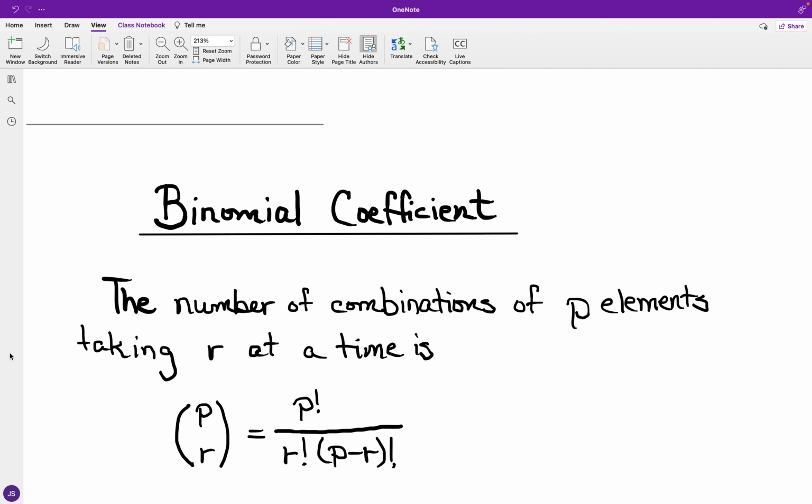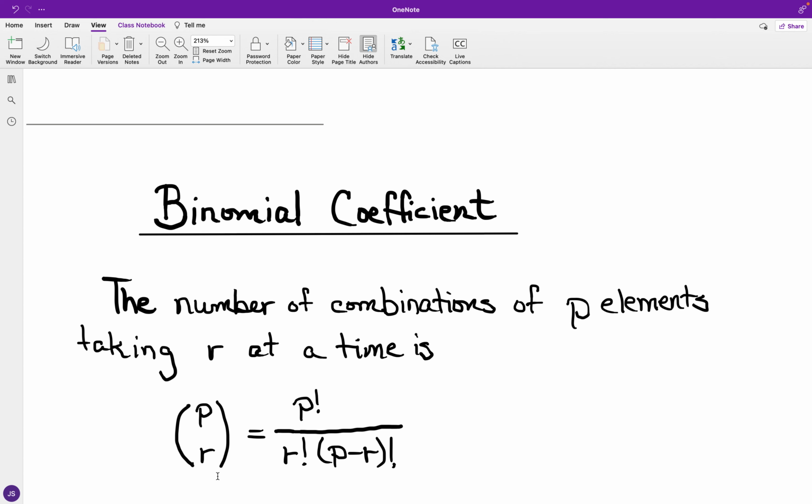By definition, the number of combinations of p elements taking r at a time is given by the binomial coefficient.